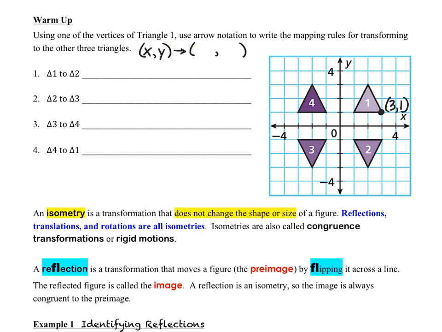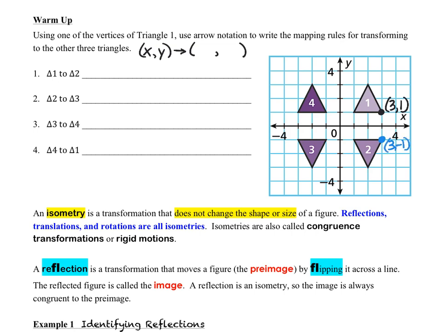And if I want to go from that triangle number 1 to triangle number 2, what would be the corresponding point, and what is the mapping that would take place? Now you may realize already that it's a reflection to go from 1 to 2, and the corresponding point to the one that I just selected is this point right here, located at 3, -1.